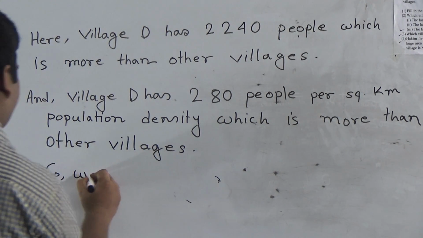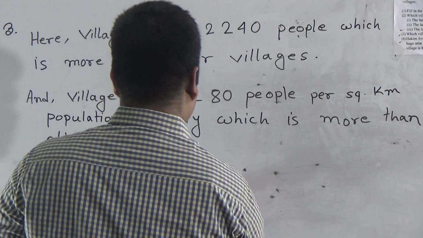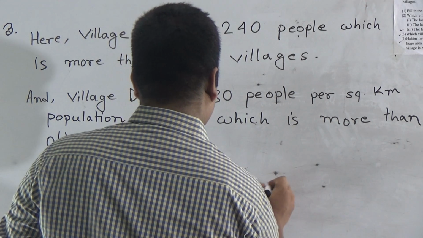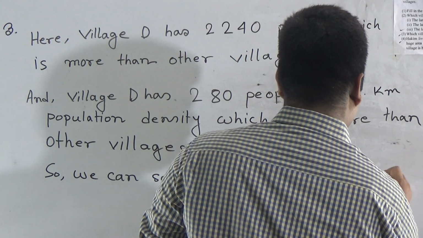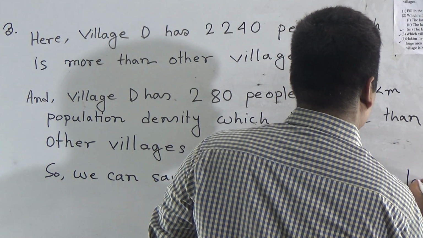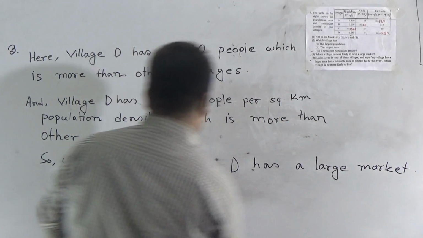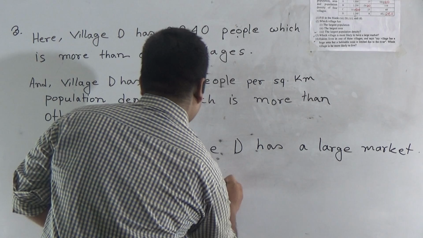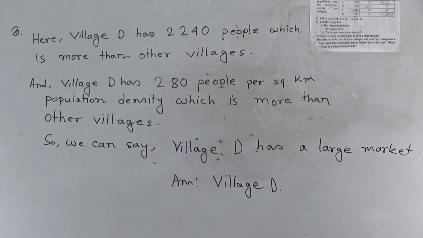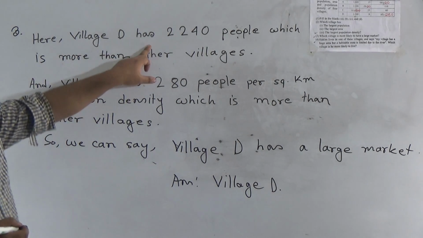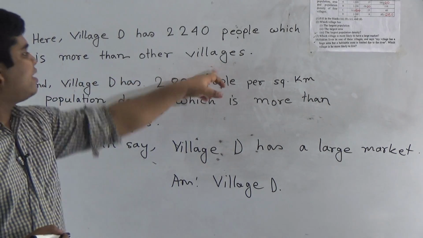So we can say village D has a large market. Answer: village D. My dear students, please notice here village D has 2,240 people, which is more than other villages.